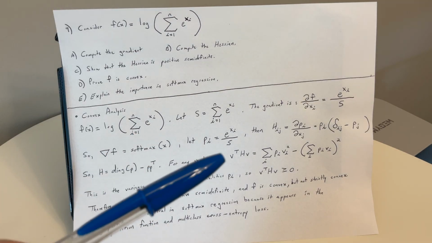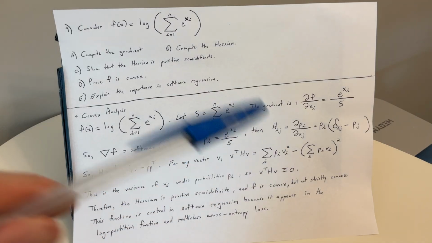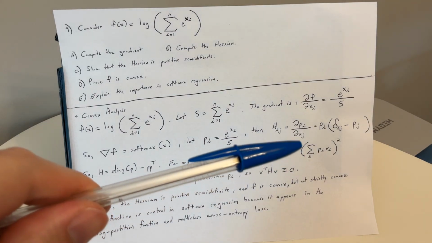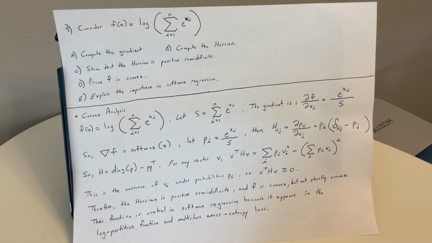And for any vector v, v transpose Hv equals the sum over i of p sub i v sub i squared, minus the sum over i of p sub i v sub i, that quantity squared. So this is the variance of v sub i under the probabilities p sub i. So this v transpose Hv has to be greater than or equal to 0. And therefore the Hessian is positive semi-definite and f is convex, but not strictly convex.